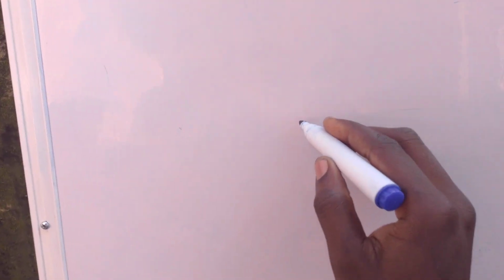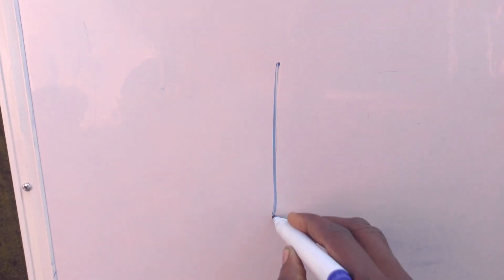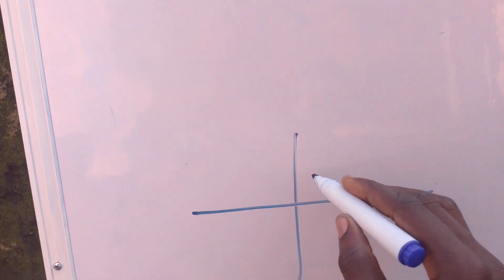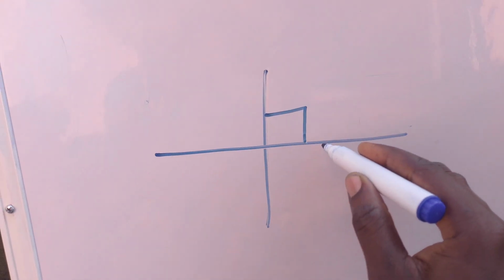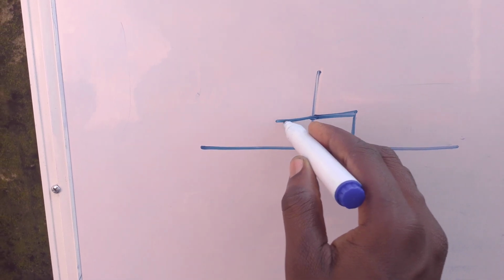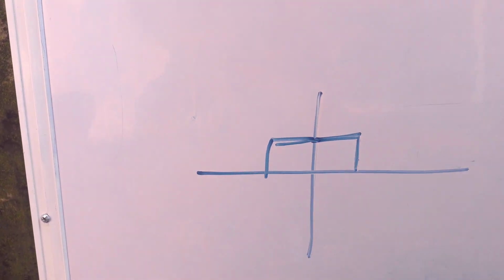So this is what it means. First, you have something like this. Now 120 degrees will fall on the second quadrant. In the first quadrant you have 90 degrees. The second quadrant is 90 plus 90, which is 180.